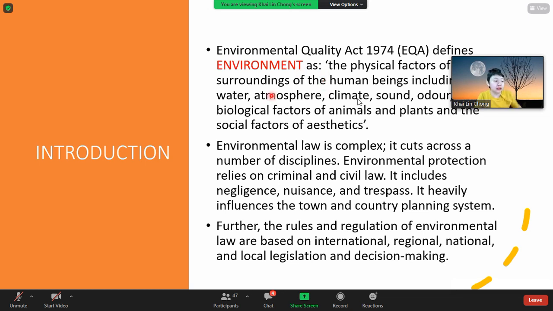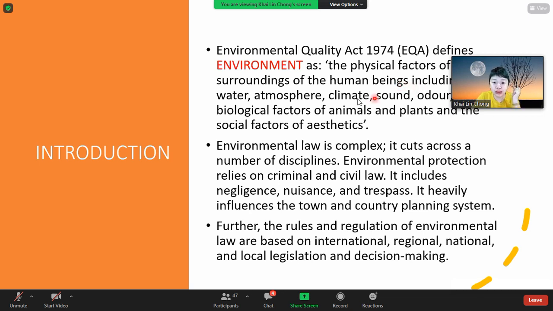Okay, bila kita study on environments, walaupun dalam first chapter you learn about what is environments, but then in the rules, dalam akta kita ada definitions. So how we declare, okay, they define the environment as the physical factors of the surrounding of the human beings. Okay, physical factors maksudnya benda yang kita boleh nampak. So at least it will come into our 5 senses.